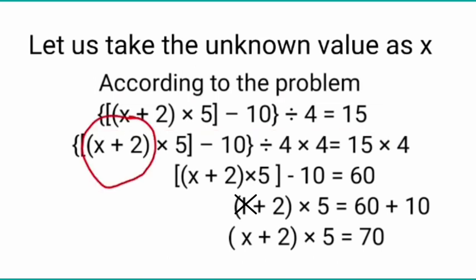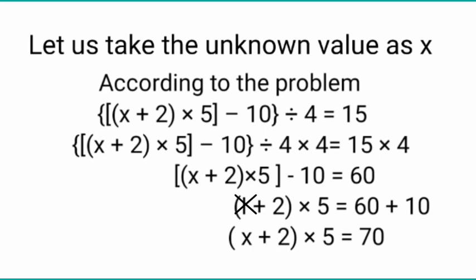By the first statement, we should add 2 with the unknown number. With that answer, we should multiply by 5 and subtract 10 from that answer. And to cancel 4, we have to multiply by 4 on both the sides. Then we get the result as x plus 2 into 5 minus 10, which is equal to 60.